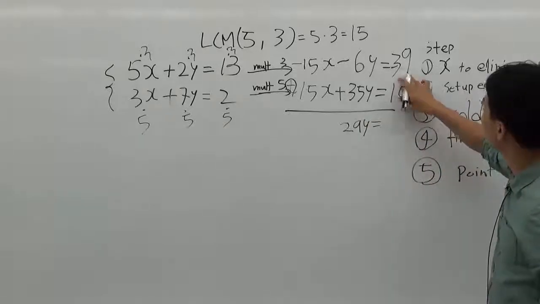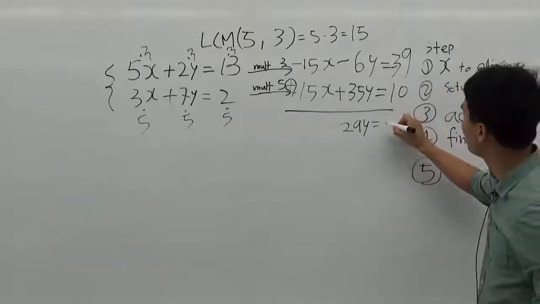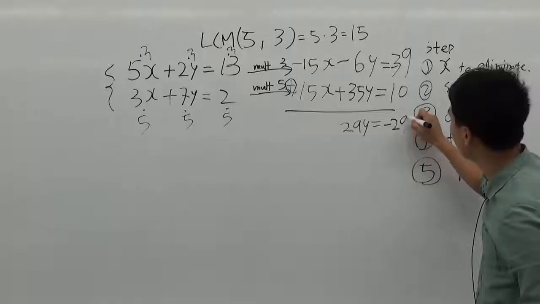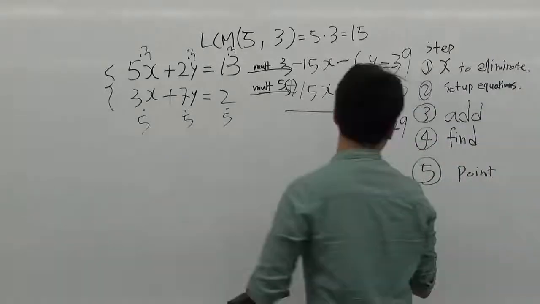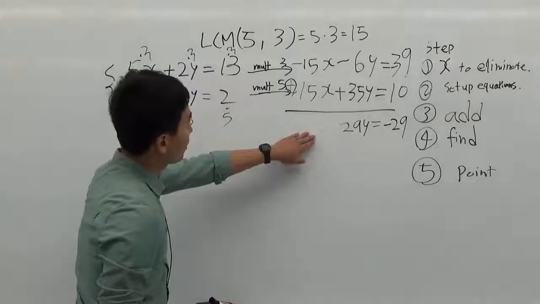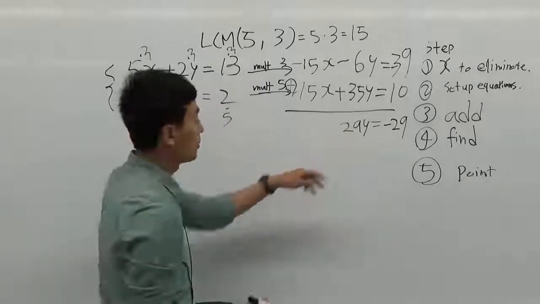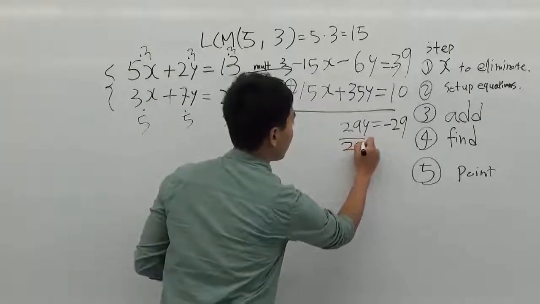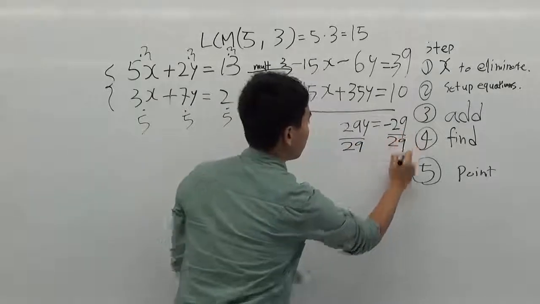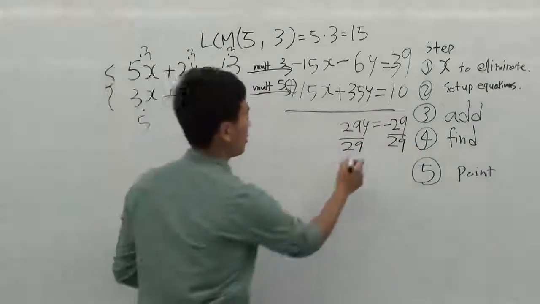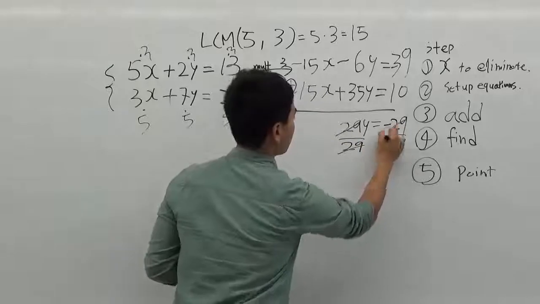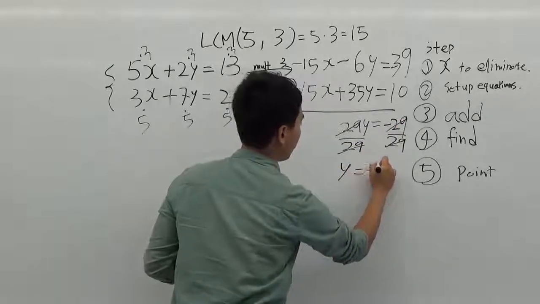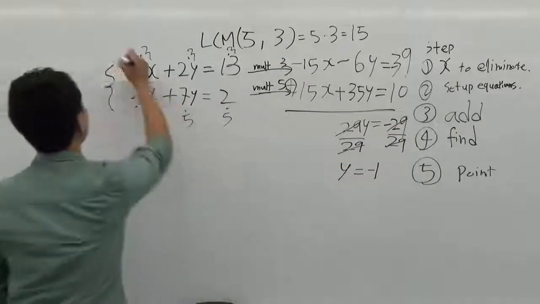So -39 plus 10 will be -29. To get y by itself, I'm going to get rid of the 29, so I'm going to divide by 29 on both sides. So it will cancel. So y is -1.